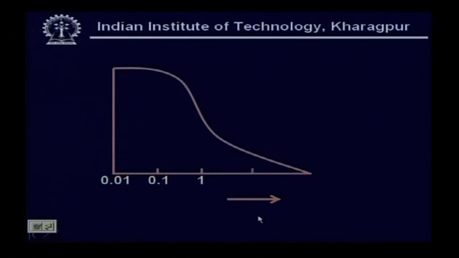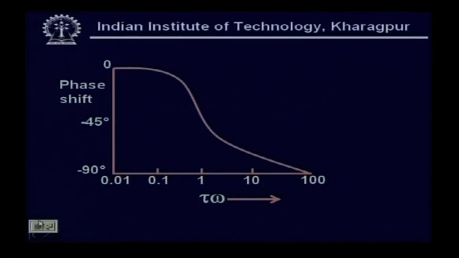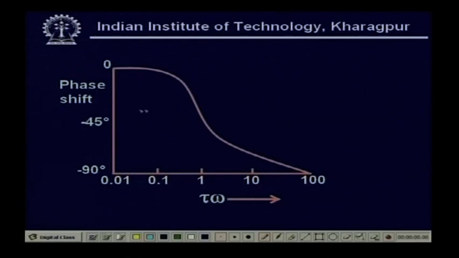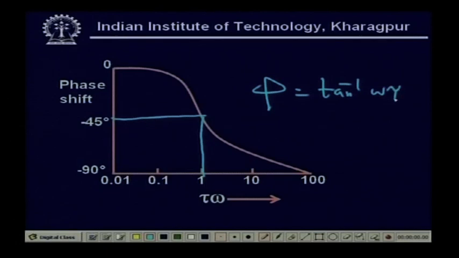If I plot the phase of a first order system with a sinusoidal input, you will find a phase shift of 45 degree at omega tau equal to 1, because you remember that phase shift phi is tan inverse omega tau.